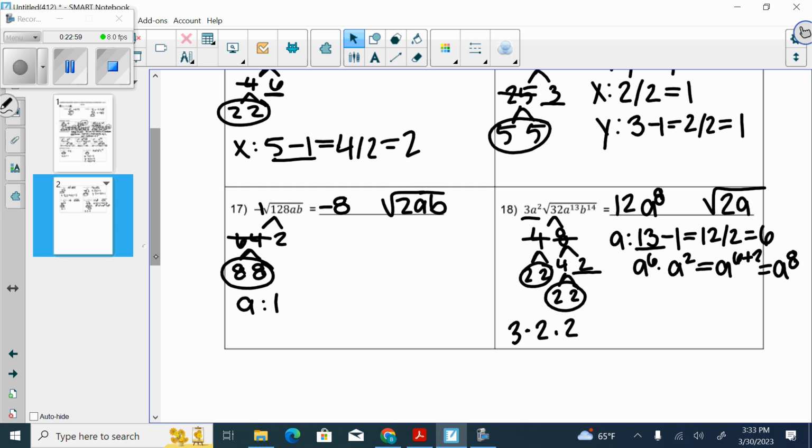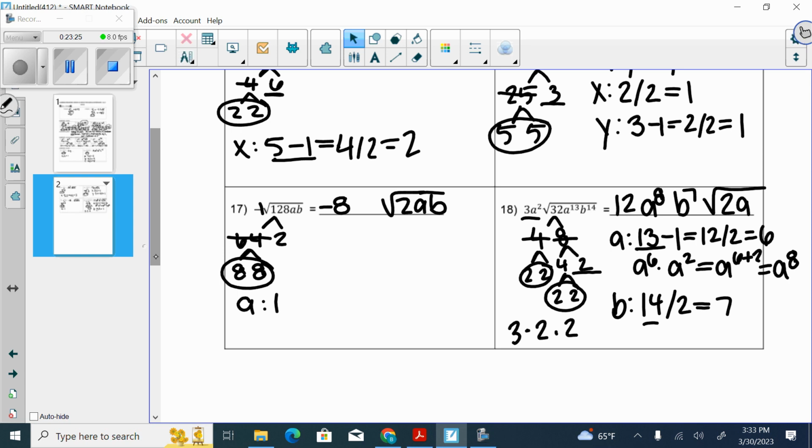Okay, now for B. 14, is it even or is it odd? Even. Were there any B's already on the outside? No. So I don't have to worry about that. So I get to take out B to the 7th. Any leftovers? Nope, because it was even, right?